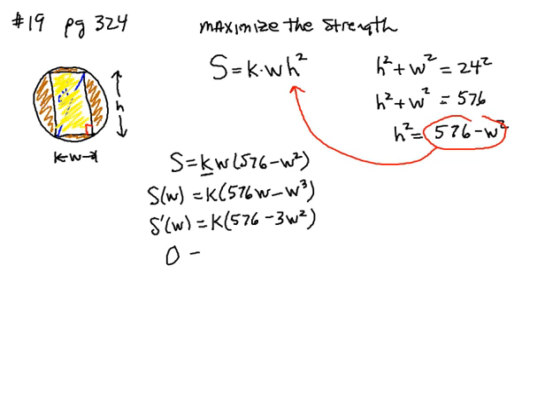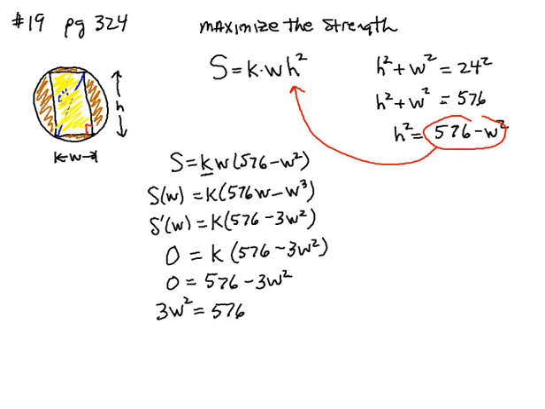I'm going to set that equal to 0. I might have been a little bit worried about what was going to happen to that k up to this point, but now I can just divide it out. It's a constant. So 576 minus 3w squared, and therefore 3w squared is equal to 576.